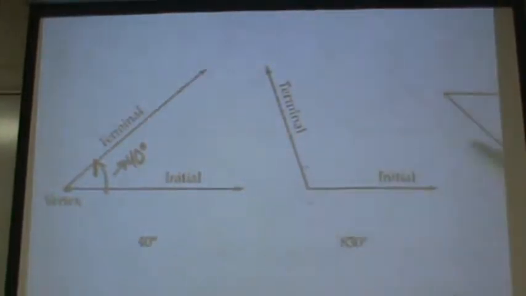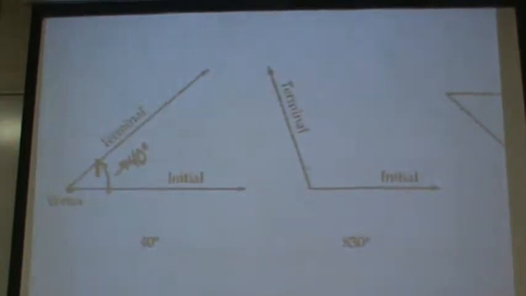Negative is this way. Our second example is 830 degrees. We know that a circle is 360, so if we start at our initial ray and go around once, that's 360.